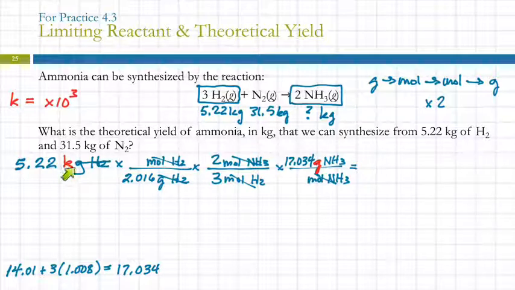What I'm doing is I'm setting aside the times 10 to the 3 instead of dividing by times 10 to the 3 and later multiplying by times 10 to the 3. So I'm going to end up with a unit of kilograms. Does anybody have any questions about that? Is that okay? Does that make sense to you?